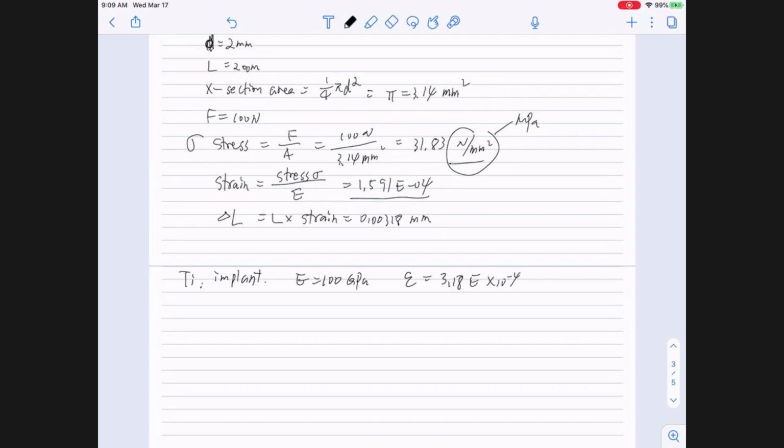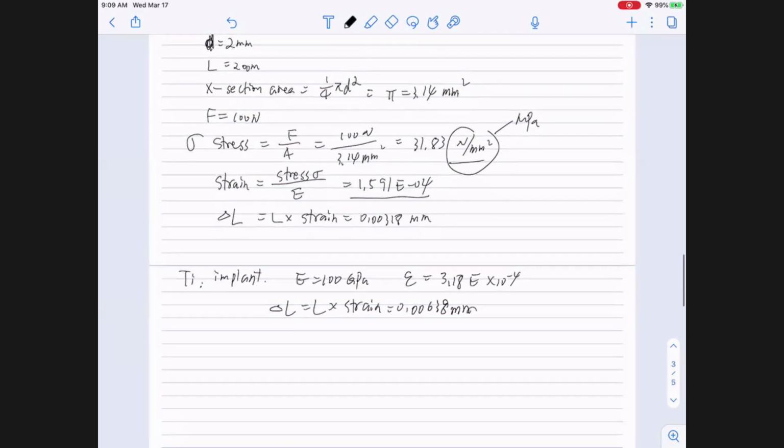And meanwhile, we can get delta L. Delta L is L times strain, and we get 0.68 millimeter. So that's around 6.4 micrometer.